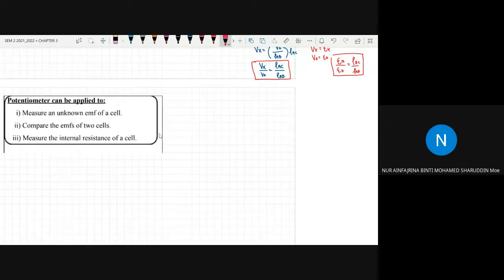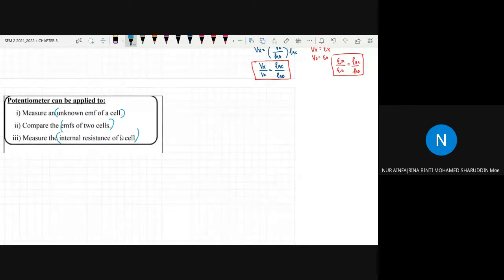Okay, first of all, dia boleh digunakan untuk measure unknown EMF of a cell. And then kita boleh gunakan dia untuk compare the EMF of two cells. Dan kita juga boleh measure the internal resistance of a cell.